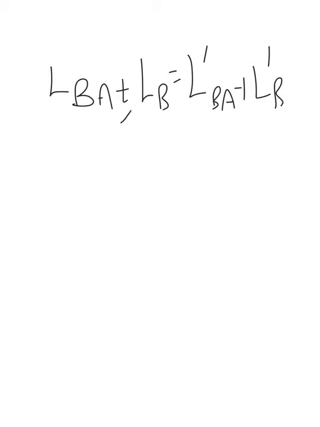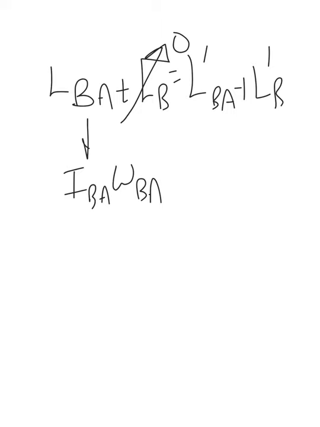Now, the bug wasn't part of the system initially. That drops out. So, looky here, sports fans. This is I of the ball times omega of the ball. Well, guess what? This side over here is your answer to number 16. Don't recalculate it. You already have it.